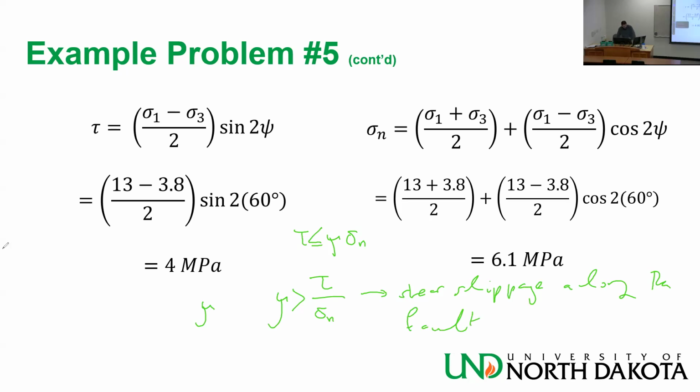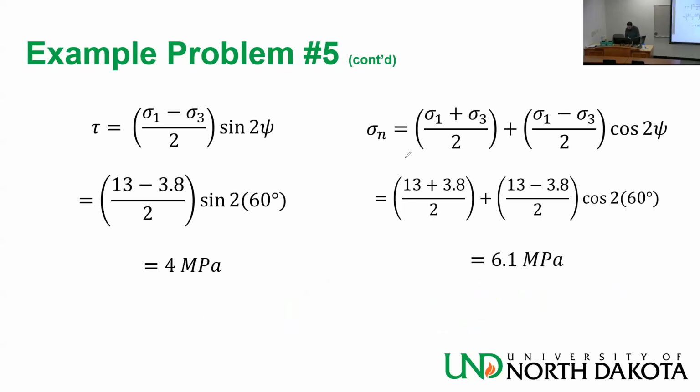So let's calculate it. What is the critical mu? It's basically 4 divided by 6.1, which is, hey Siri, what is 4 divided by 6.1? It's approximately 0.6557. Okay, Siri says, thank you, Siri.